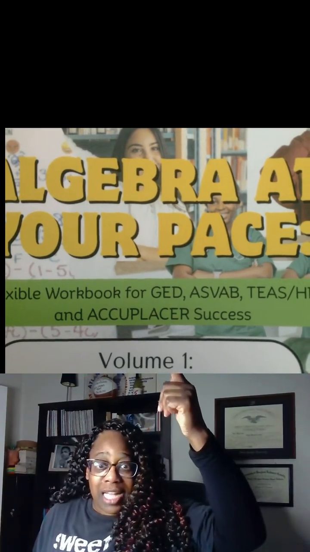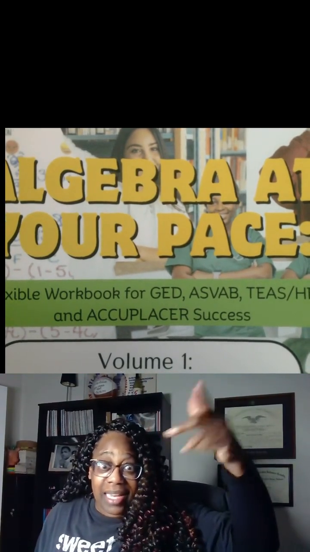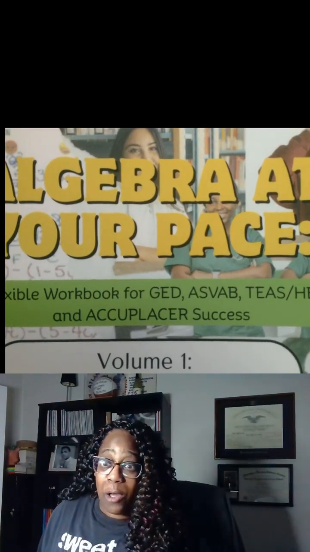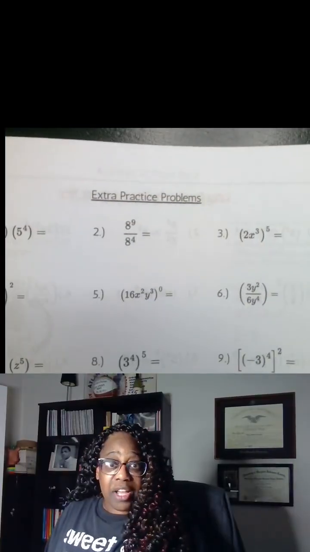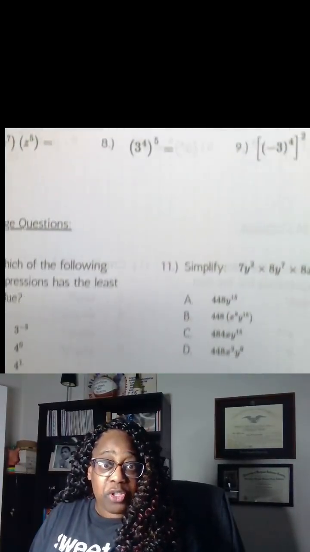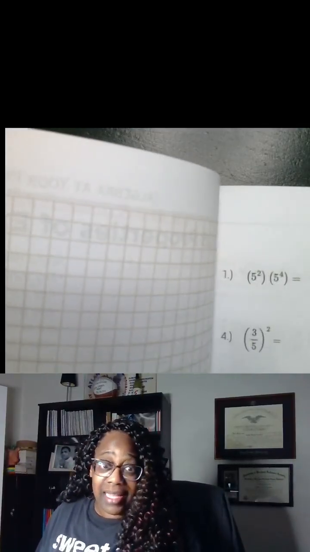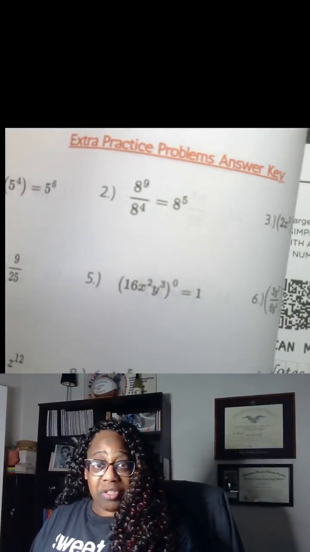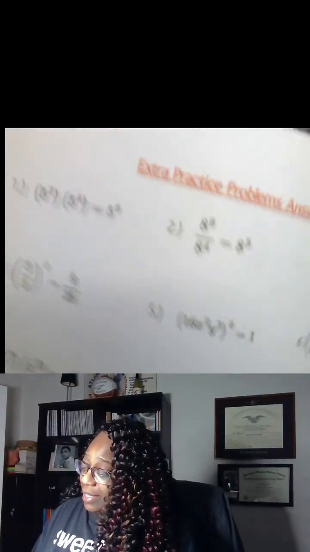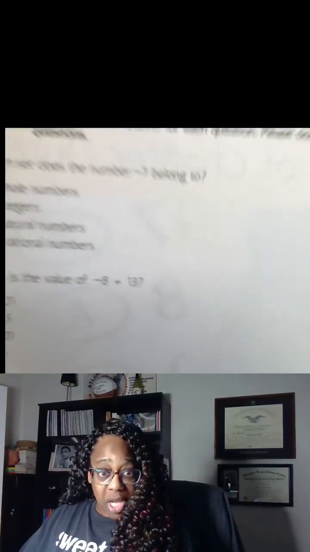Then you're given extra practice problems, nothing too overwhelming, but very similar to what you're going to see in the actual test, with the answer keys in the back. And towards the end, you're given a summative quiz based off the stuff in this volume.